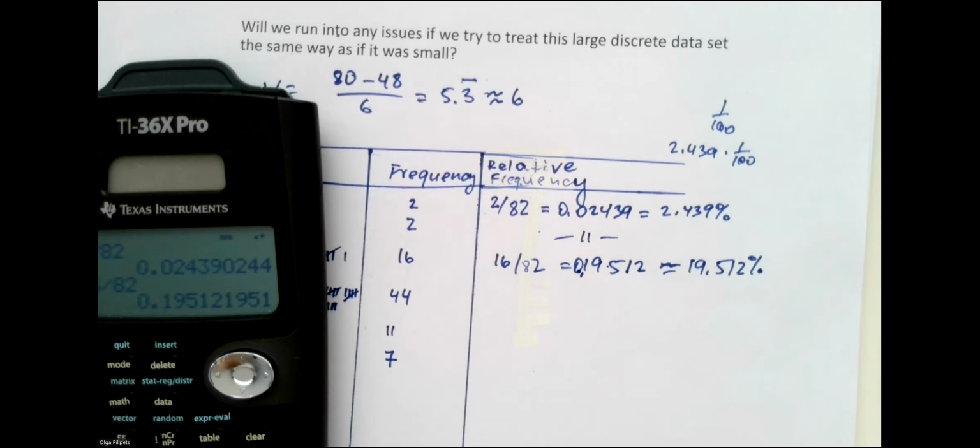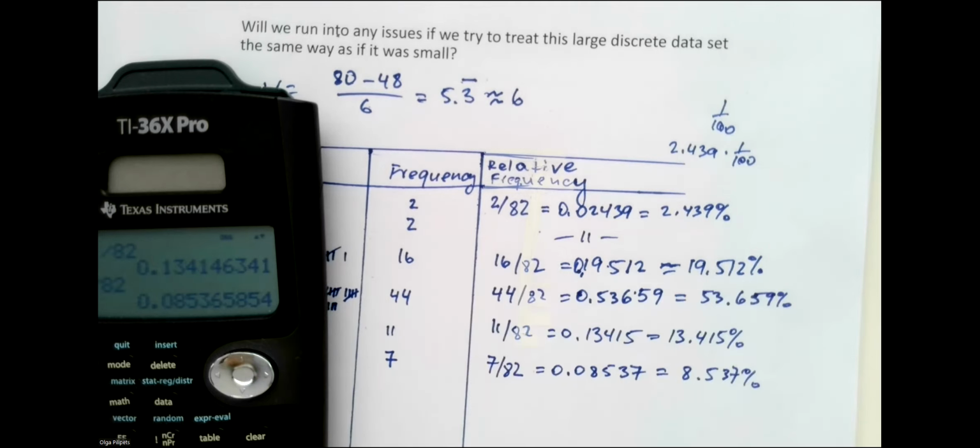Okay, and we're going to continue this process. All right, so this is what we got. And remember, on our histogram, instead of frequencies, we could have relative frequencies marked, and we would get a very similar chart.